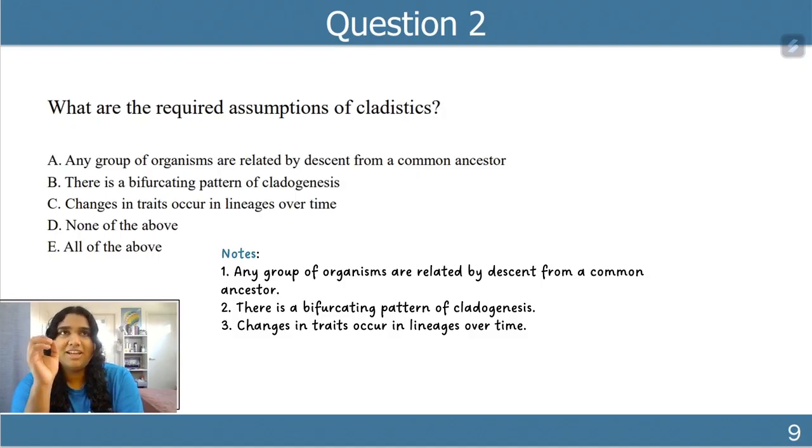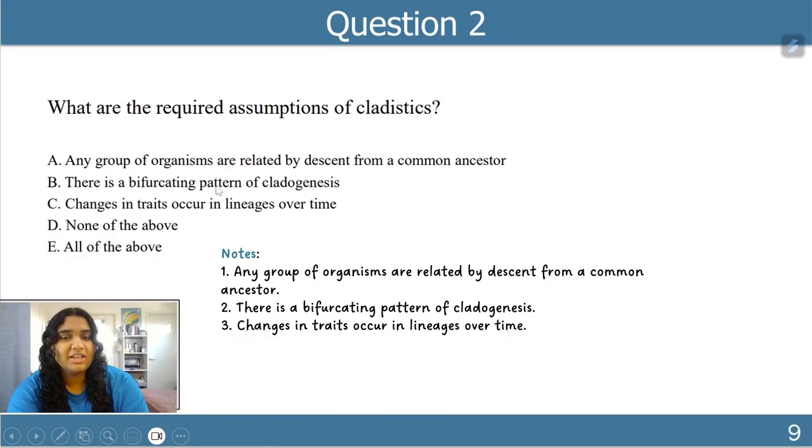So it's the whole principle that everything came from one living thing and then split off to develop new traits and new behaviors based on their environment and different factors. The second thing that we assume with cladistics is that all of the splits that happen from that common ancestor happen 2 at a time.